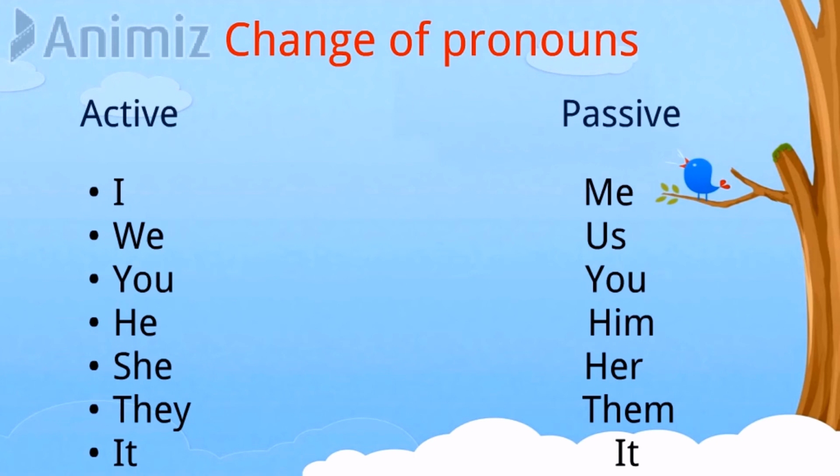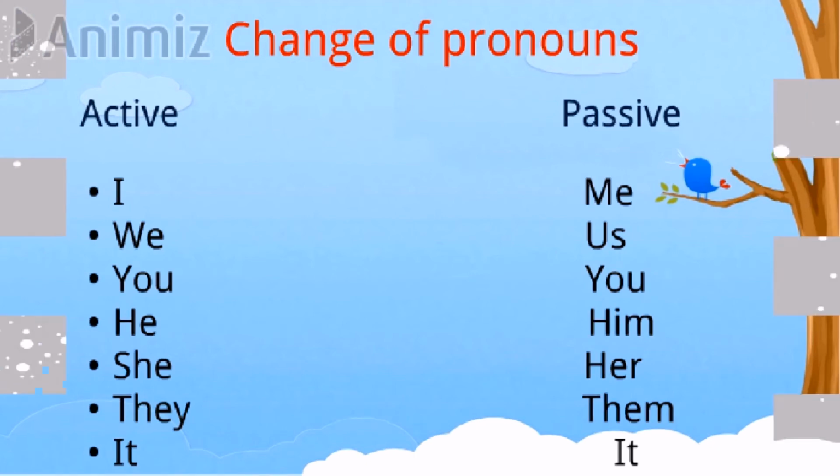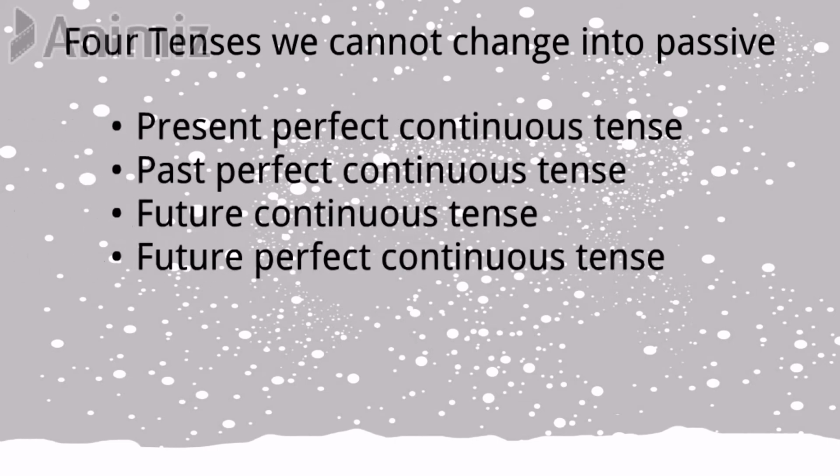We have altogether 12 tenses. Out of 12 tenses, 8 tenses will change from active to passive. That already I have mentioned in the rules of be forms. Now 4 tenses will not be changed to passive. Present perfect continuous tense, past perfect continuous tense, future continuous tense, future perfect continuous tense.